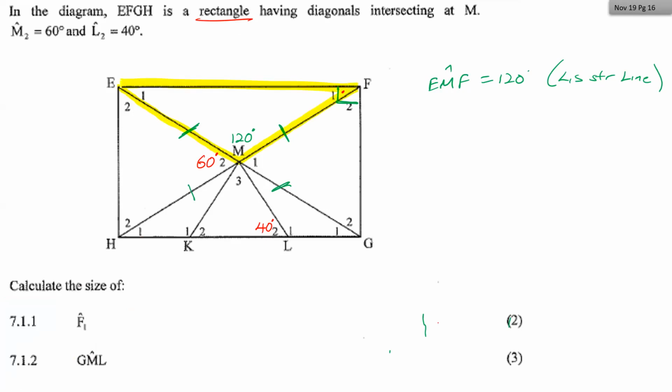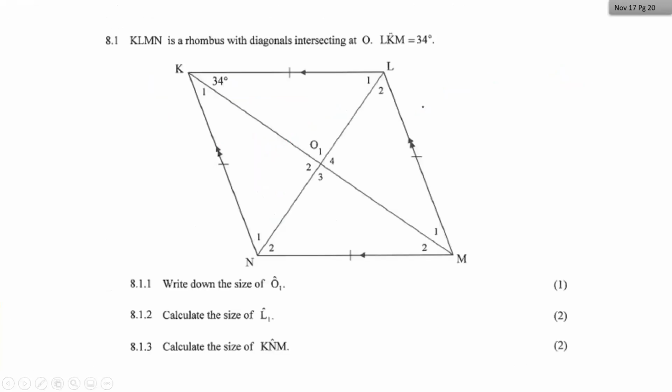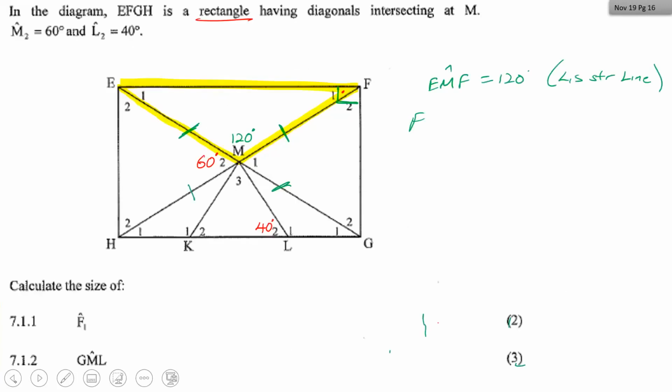So if we have an isosceles triangle, I can now find F1 by stating that angle F1 is equal to 180 degrees subtract 120, and we know that F1 and E1 are the same, so we can split that by 2, which means each one gets 30 degrees.